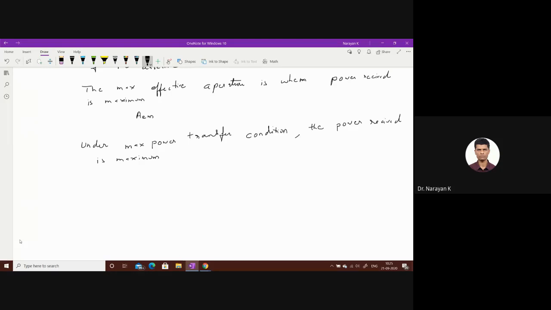So write down: show that the radiation resistance of a short dipole is 0.0119 lambda square.